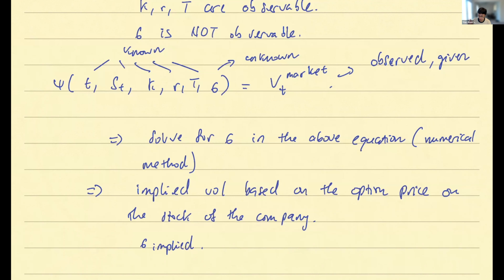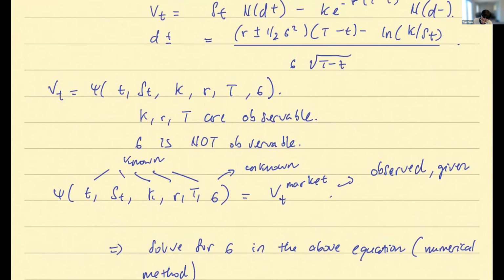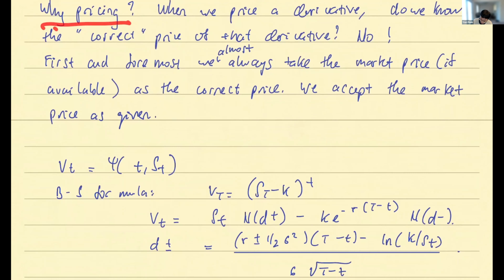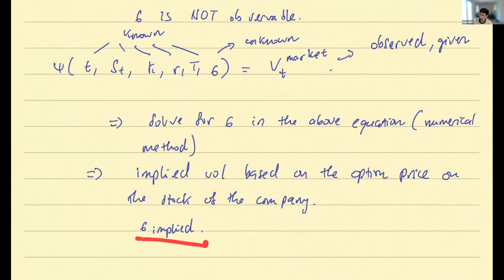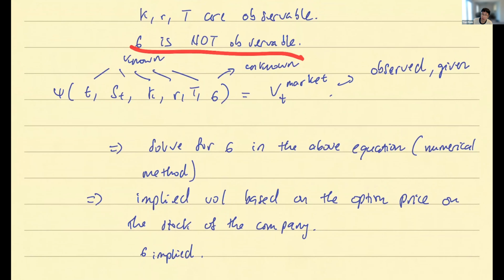Okay. So anyway, for now, let's not pursue that idea further, but let me recap and say that the idea of pricing, most of the time, is to uncover implied information about a stock, about a piece of asset, like some unobserved parameter in the model that you don't see.